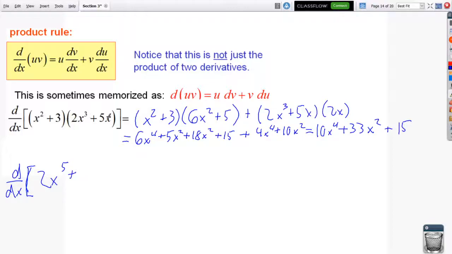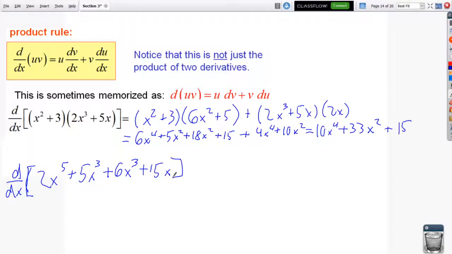Plus, outside, x squared times 5x would be 5x cubed. Inside, 3 times 2x would be plus 6x cubed.